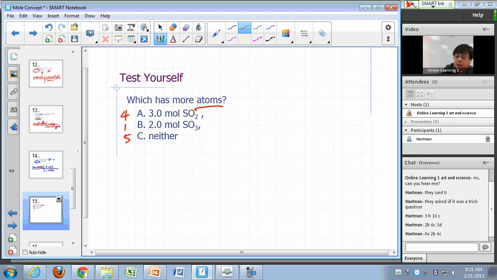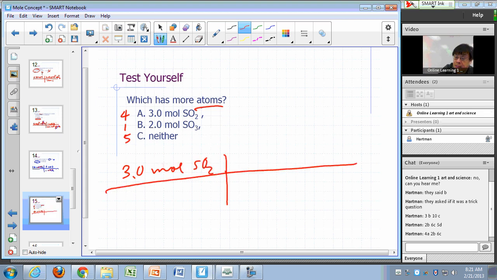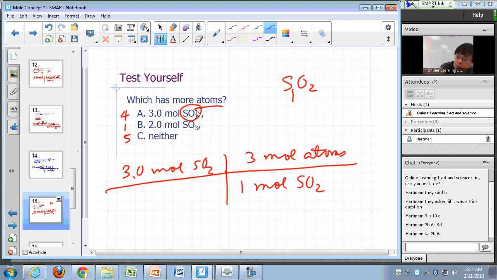Let's see. 3.0 mole of SO2 times, that's SO2, so that's 3 atoms in one SO2. So 3 moles of atoms in 1 mole of SO2. So 3 times 3 gives you 9 moles of atoms. So this has 9 moles of atoms.